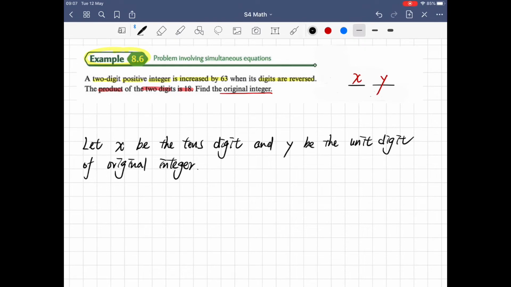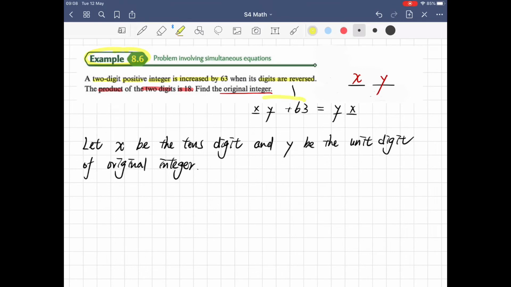Okay, as there are two unknowns, that means we have to set up two equations. So let's take a look at the first information. It stated that when the digits are reversed, the number xy will become yx. And when the digits are reversed, the number is increased by 63, from the original number.